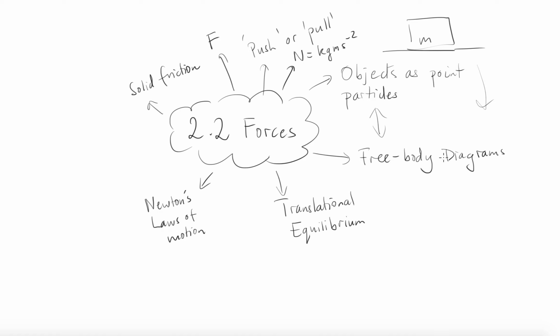When we draw the free body diagram, we consider all the forces acting from one point, and that point is the center of mass of the particle. So for the block resting on a surface, we draw a point, with one force acting vertically downwards, mg, the force due to gravity, and another force acting upwards, the normal reaction force.